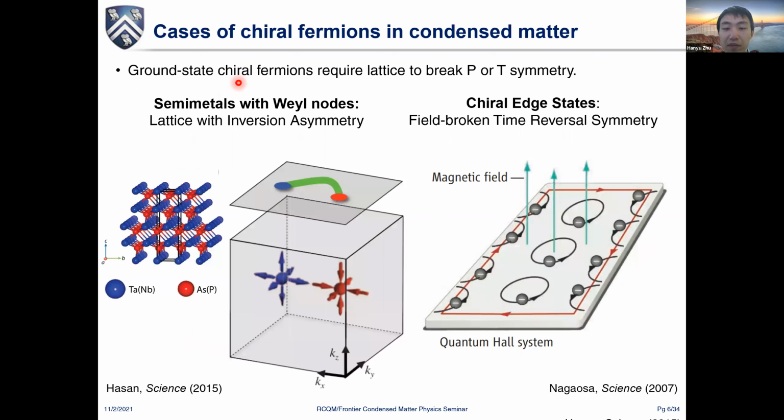So talking about chirality, most of the physics has been focused on fermions. And there is a very simple reason for that: with fermions, we can talk about a ground state, and the ground state can already break some symmetry.